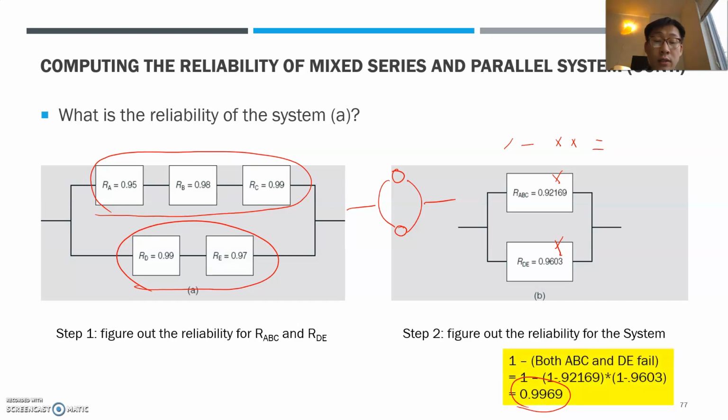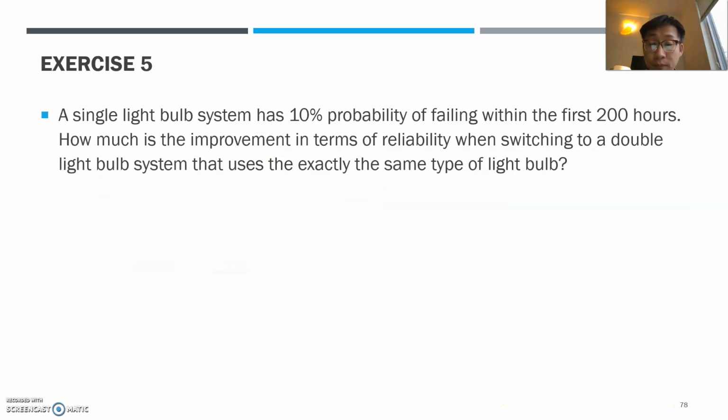So the key here is you need to know how to simplify a mixed system to either a series or parallel system. Okay, so let's take a look at, I believe, the last exercise. The single light bulb system has a 10% probability of failing within the first 200 hours. How much is the improvement in terms of reliability when switching to a double light bulb system that uses exactly the same type of light bulb?